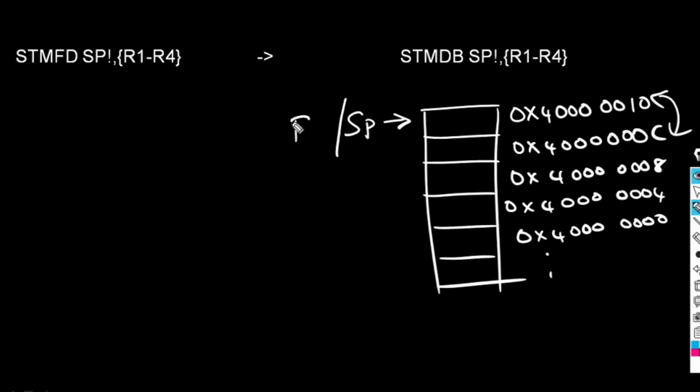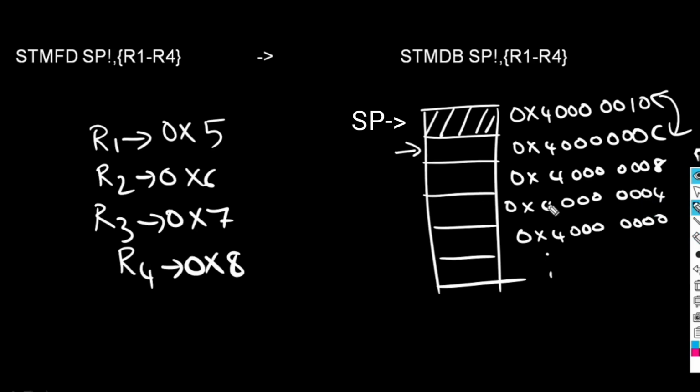I'm trying to store the values present in R1 to R4 in this memory location. So what will happen here? The very first thing that we know about these store multiple and load multiple instructions is you have to always check what the memory address is. Is it a higher memory address or a lower memory address?